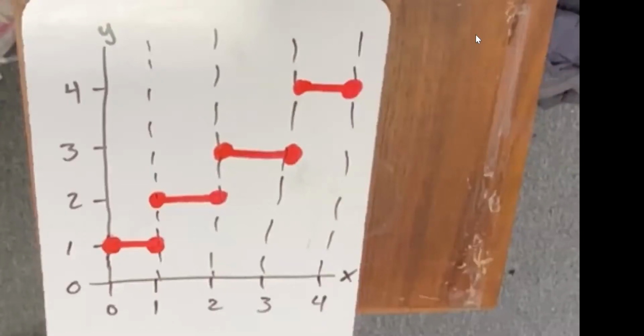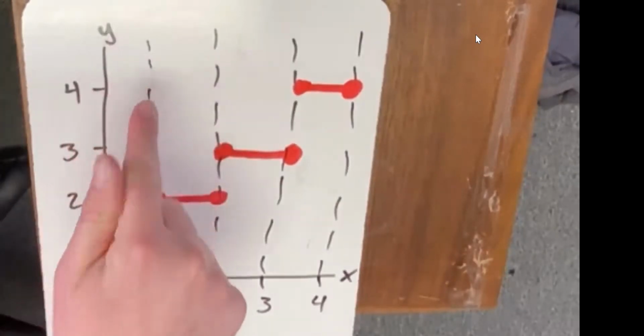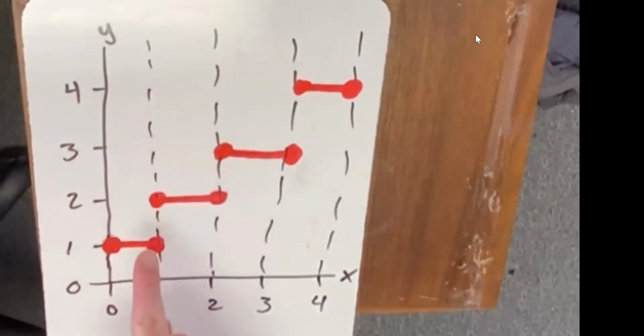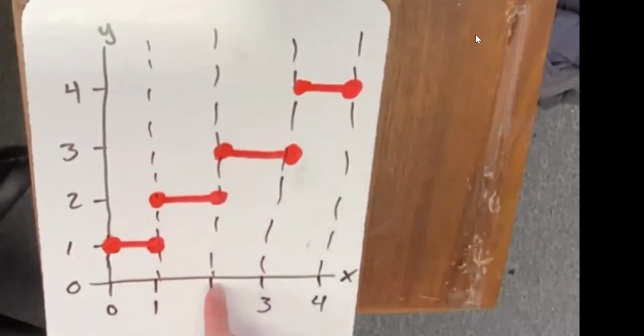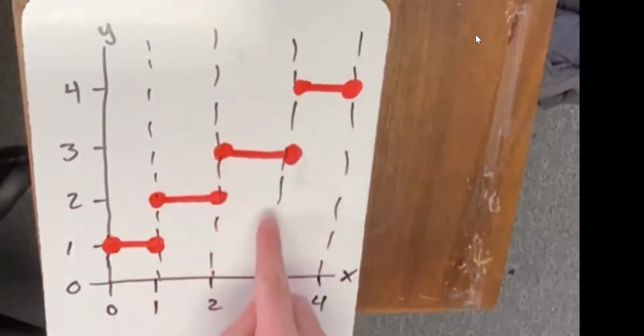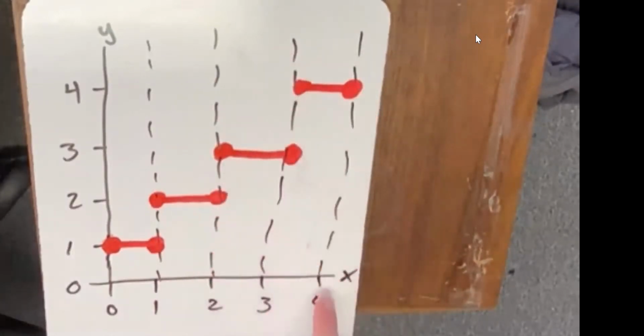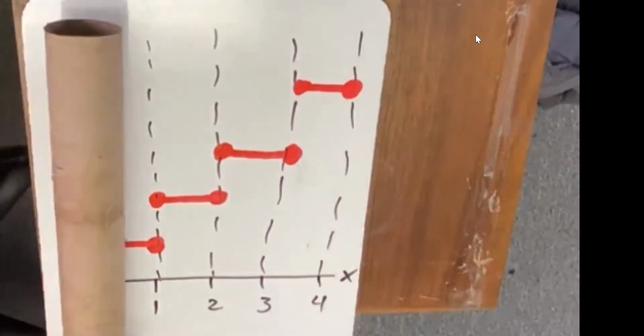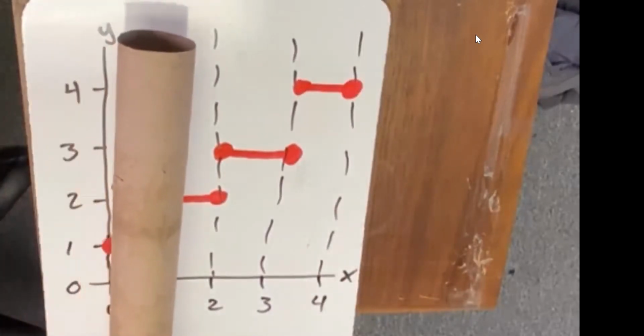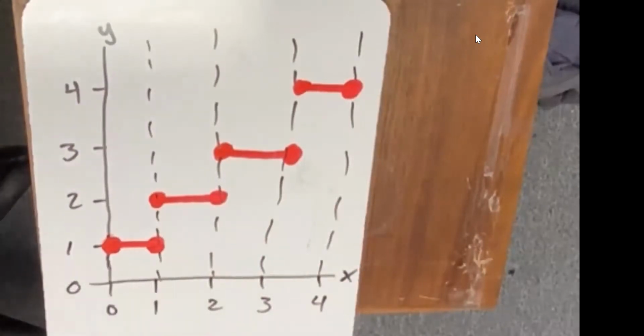So when we're looking, I drew all my dashed lines here. I drew dashed lines going all the way down for 1, for 2, for 3, and for 4. Going all the way across, my first point, point number 1, is there any intersection?